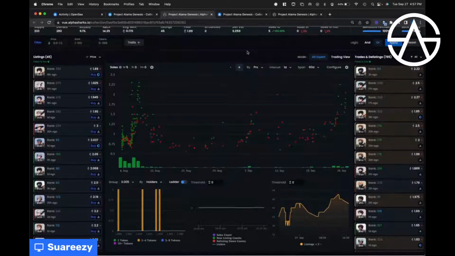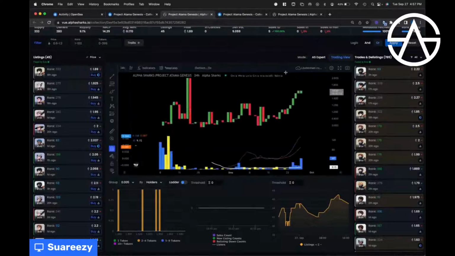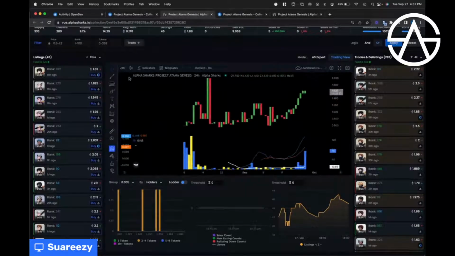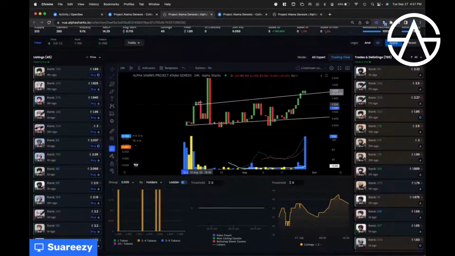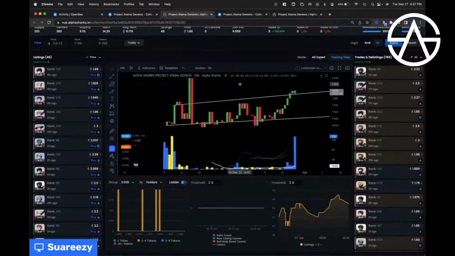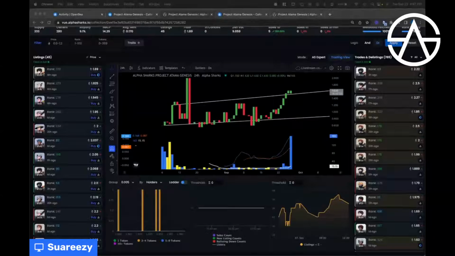But one of the coolest things I think that we have at AlphaSharks is going to be our TradingView implementation. I believe we might be one of the only 2 people that actually have it truly utilized in our platform. I think it's a very solid charting system for those who have been in the crypto space for a while. TradingView is pretty much the best charting system out there.